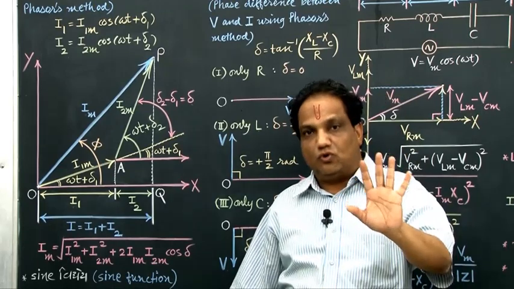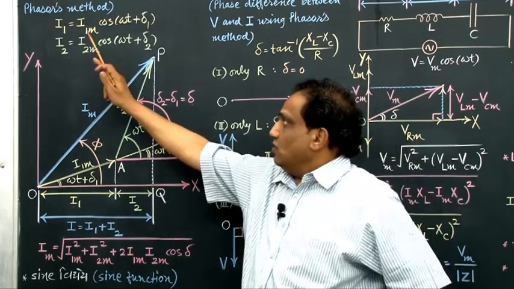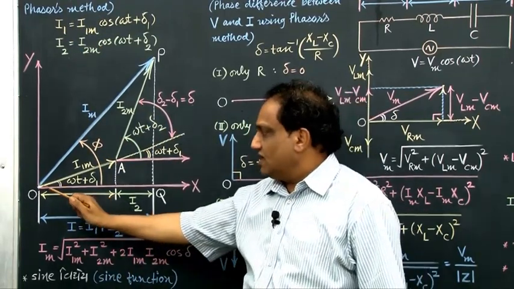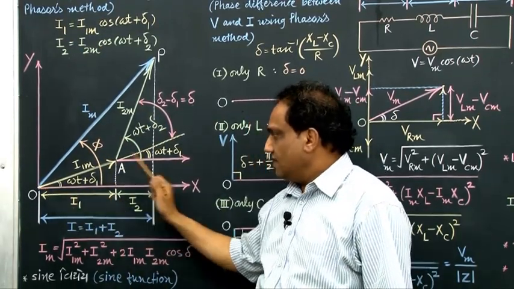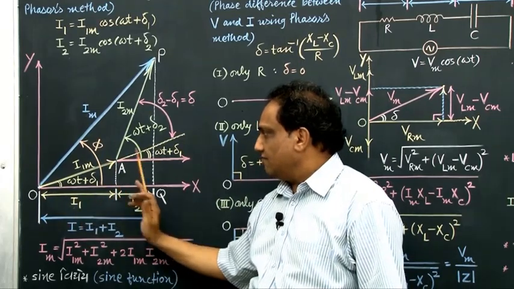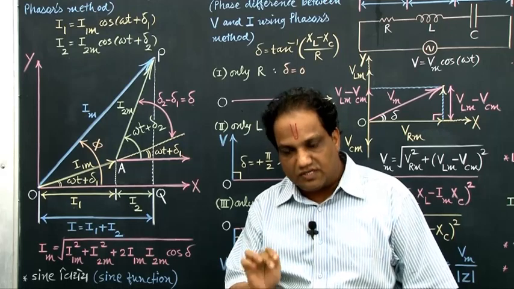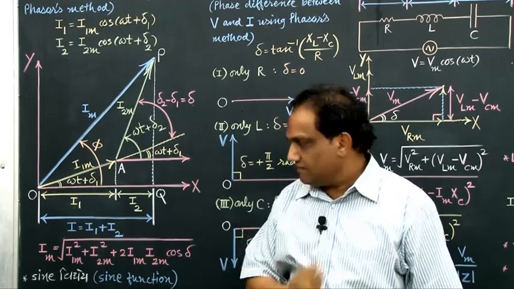I am showing you how to do that. To represent the first harmonic function, I have drawn the first phasor. It is from O to A. Vector OA represents the first harmonic function. Fine.